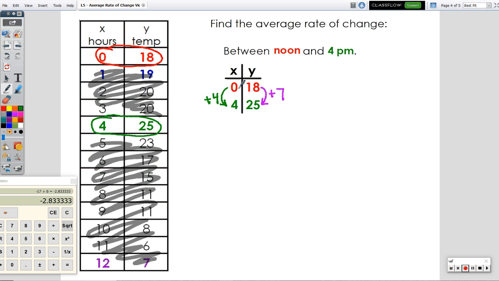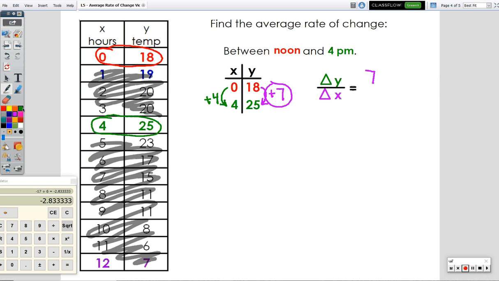Okay, now both of these are increasing. My time is increasing and my temperature is increasing. So then I'm going to set this up showing my change in y compared to my change in x. And I'm sorry that my colors here don't match my colors there. Okay, but my change in y is right here. That's a 7.